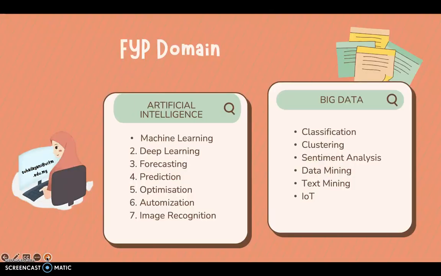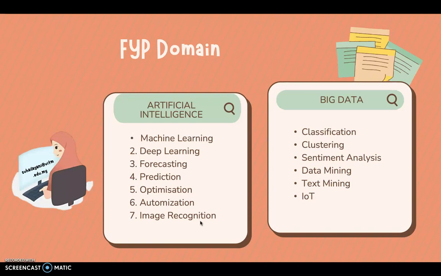So here are some domains that are available that are usually used by the FYP students. The first one is artificial intelligence. You can have machine learning, deep learning, forecasting, prediction, optimization, and image recognition inside the artificial intelligence domain.